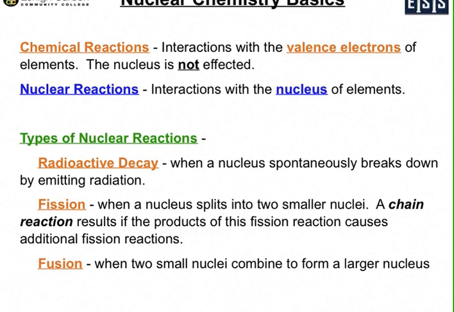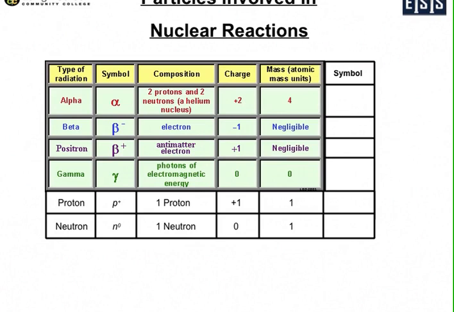And then fusion is when two small nuclei come together to form a larger nucleus. So those are the types of nuclear reactions. Today we're dealing with radioactive decay. And when we talk nuclear reactions, we need to talk about a bunch of the nuclear particles that are involved.